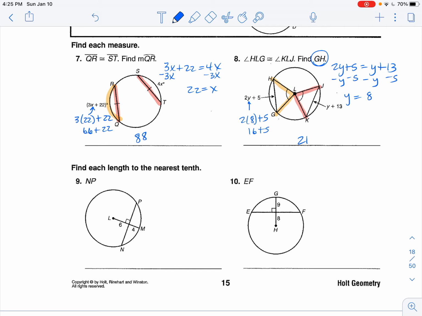In problem number 9, it says find each length to the nearest tenth. Okay, so we know that LM is equal to 10. And so I know NP, we're going to draw on a right triangle here.